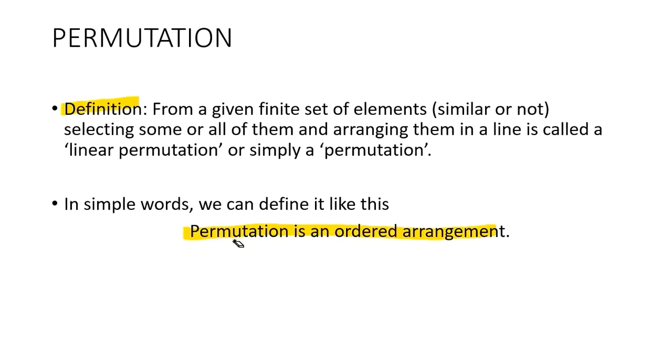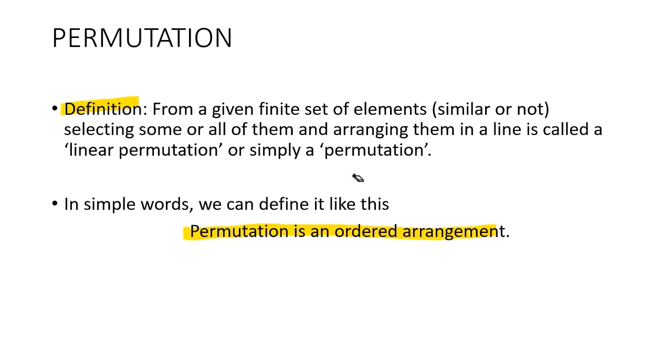And the definition of linear permutation is like this. Definition: from a finite set of things, those things can be similar or dissimilar, selecting a few or all of them and arranging them in a row or in a line is called a linear permutation.